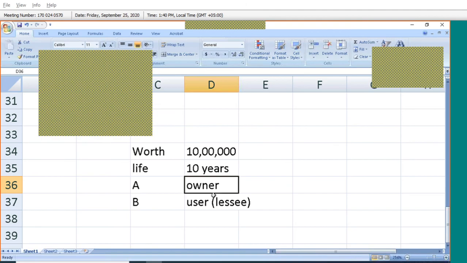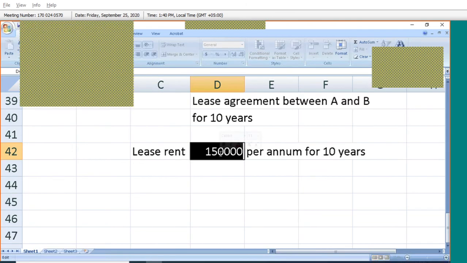So as I said, generally what will happen? A is the actual owner, B is the user, the lessee. There is a lease agreement between A and B for 10 years for using that asset, worth 10 lakh rupees. How much is B paying to A? B is paying 1,50,000 rupees per annum.